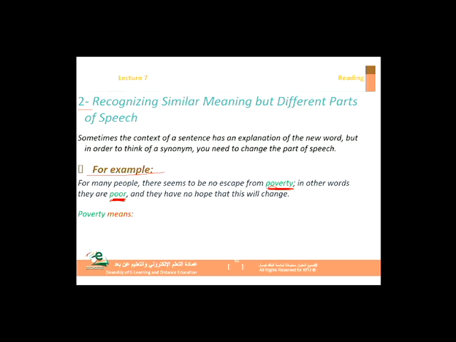Is it a noun? Or is it an adjective? Okay, now poverty must be the noun of this adjective here. So poor, poverty: same word but different parts of speech.